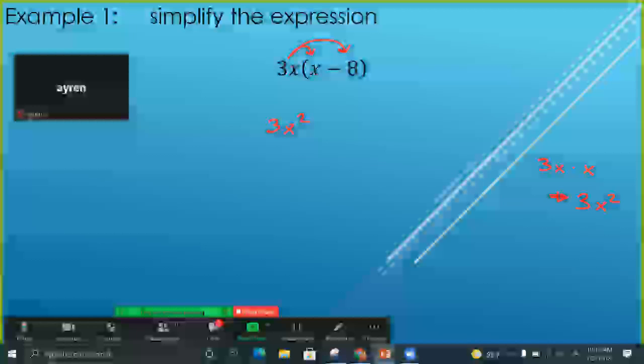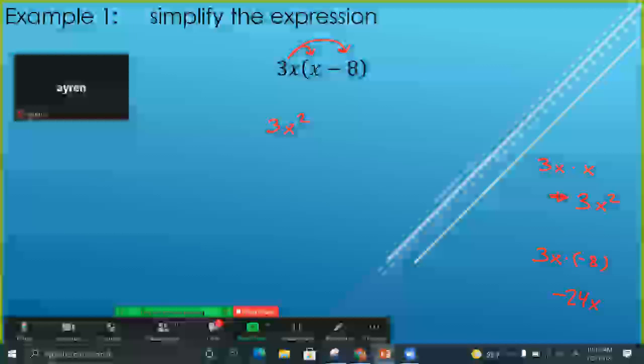And then we've got to multiply 3x times negative 8. So side work again. This time, there's just a single x, right? So we're not going to get an x squared. It's just x times negative 8. So 3 times negative 8 would yield a negative 24x.